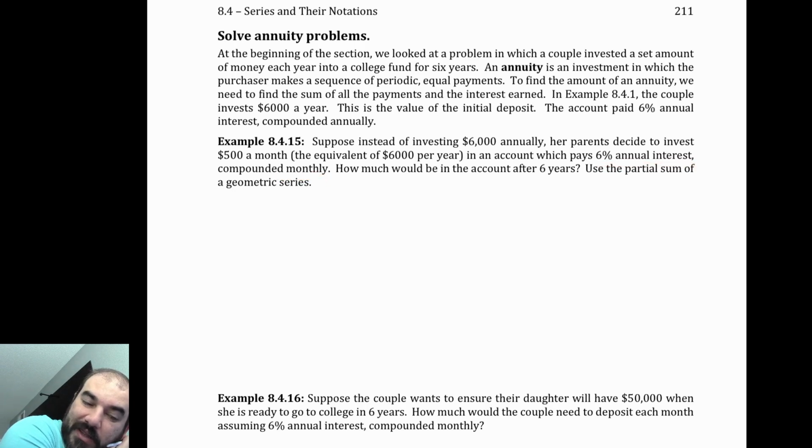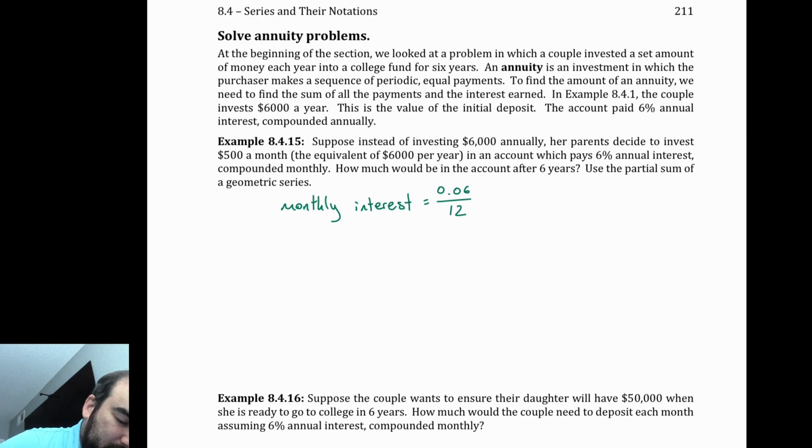So if it's compounded monthly, but it's an annual interest rate, then the monthly interest is actually 0.06, which is yearly, divided by 12, because there are 12 months. So that's essentially the interest rate that's being compounded monthly. How much would be in the account after 6 years? Use the partial sum of a geometric series.